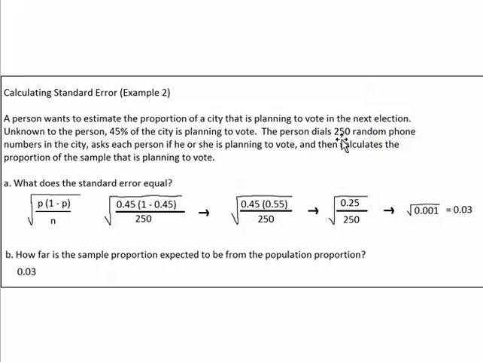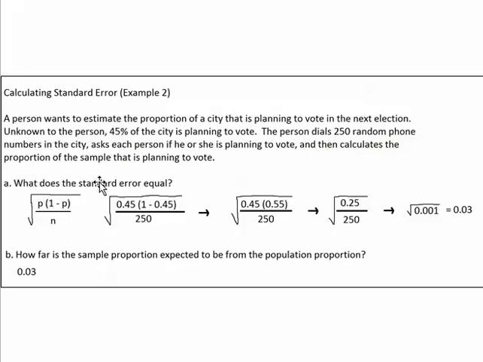So if, let's say, 50 people out of 250 are planning to vote, then the sample proportion would be 1/5 or 0.2. So the person is calculating a sample proportion with data from a sample to estimate an unknown population proportion.